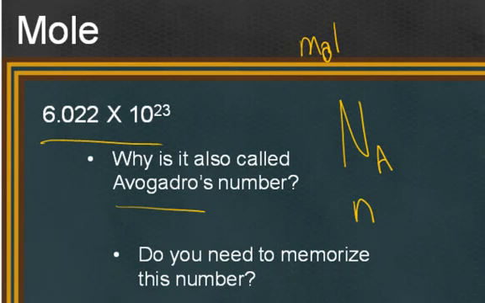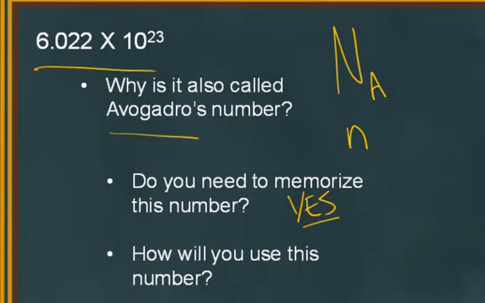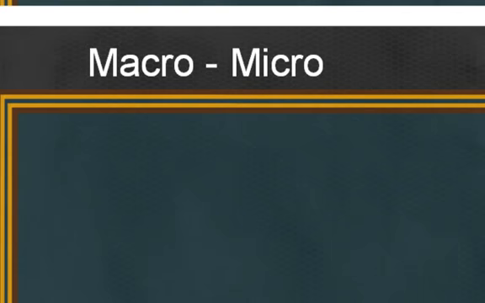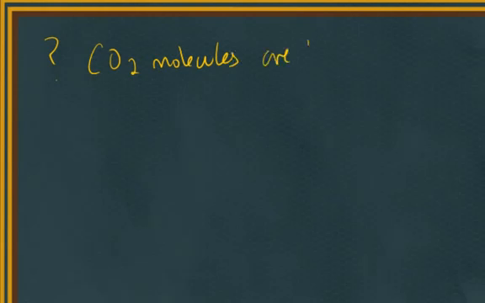Do you need to memorize this number, 6.022 times 10 to the 23rd? Yes, you do. It's very important. It's worth memorizing. How will you use the number? Because we're always flipping back and forth between thinking macro and thinking micro, you'll use the number in a variety of ways. Someone might ask you, for example, how many carbon dioxide molecules are there in 2 grams of carbon dioxide.